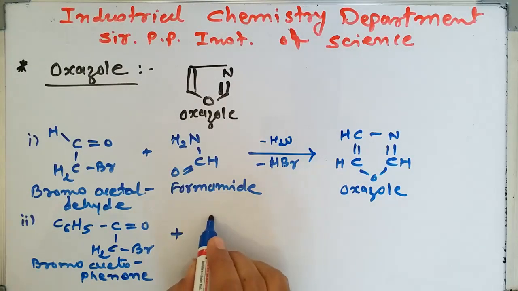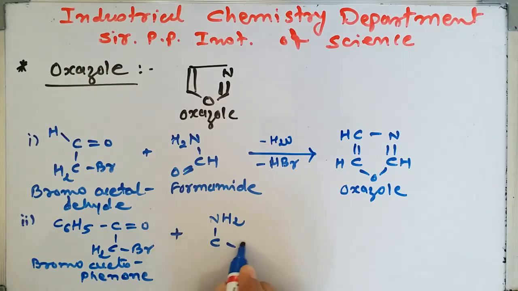We have the compound NH2C double bond O C6H5.